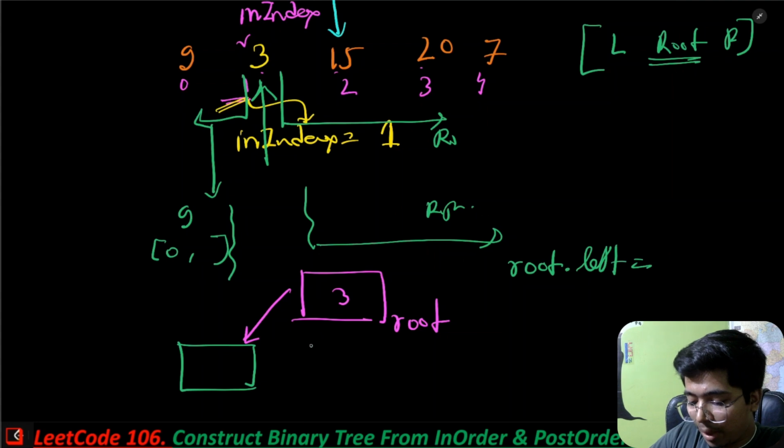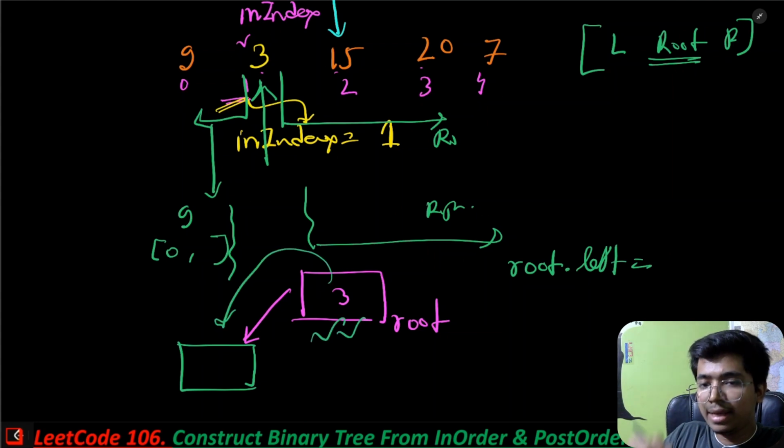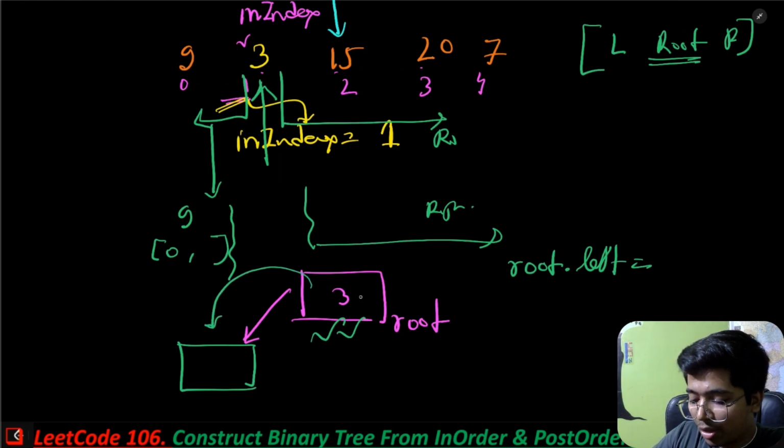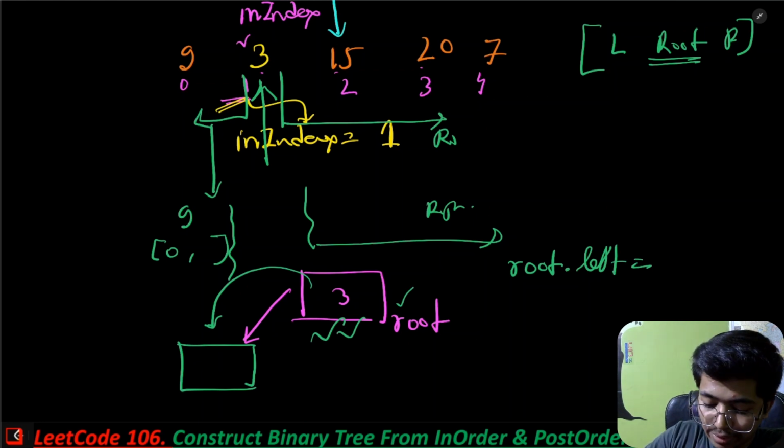And notice we have already created the root node here. That means if we make the same lines of code work for this node, then a node will be created here also. Now notice one more thing.